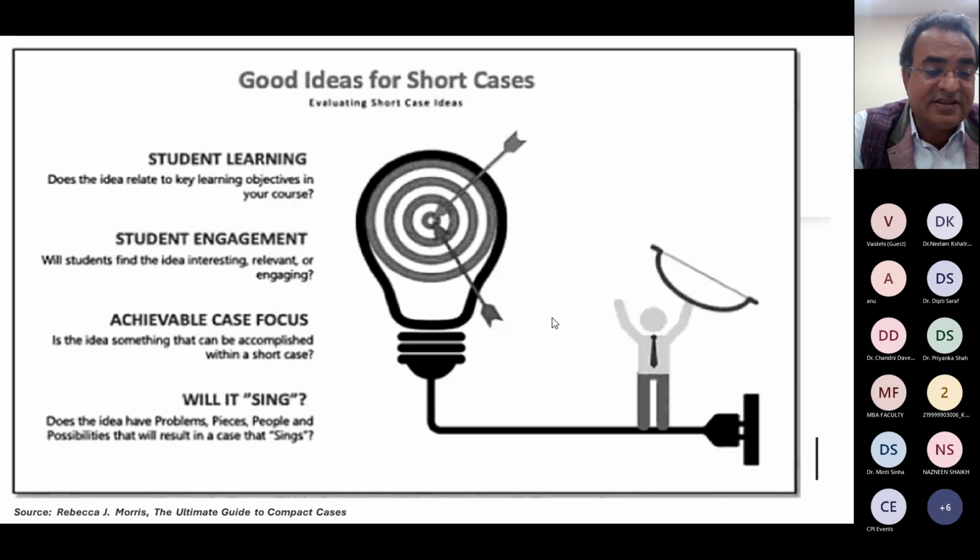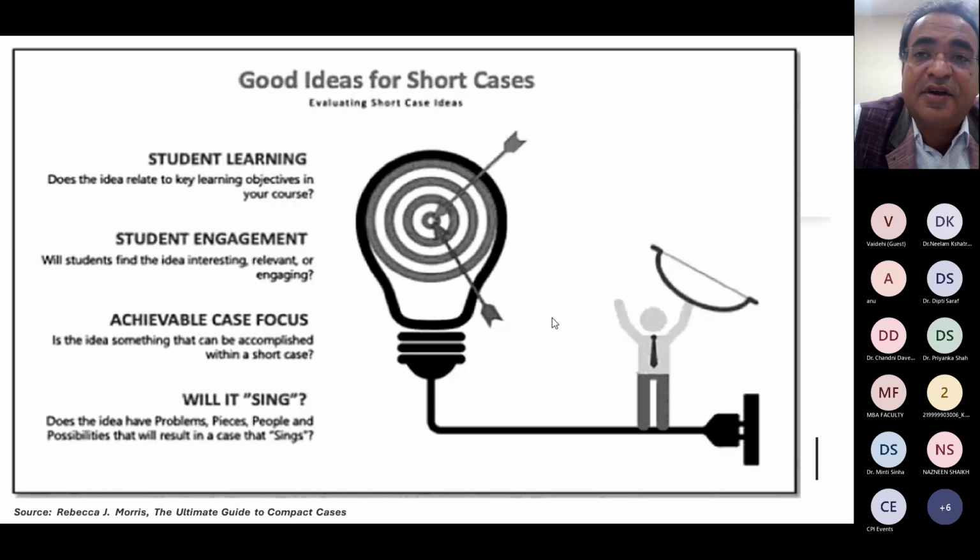Then, do you have an achievable case focus? Is the idea something that can be accomplished within a short case? Maybe if I have to address the restructuring of Air India, and I'm looking at how the Tata Group is undergoing the process of transformation, it is too difficult for me to accomplish that in the form of a short case.